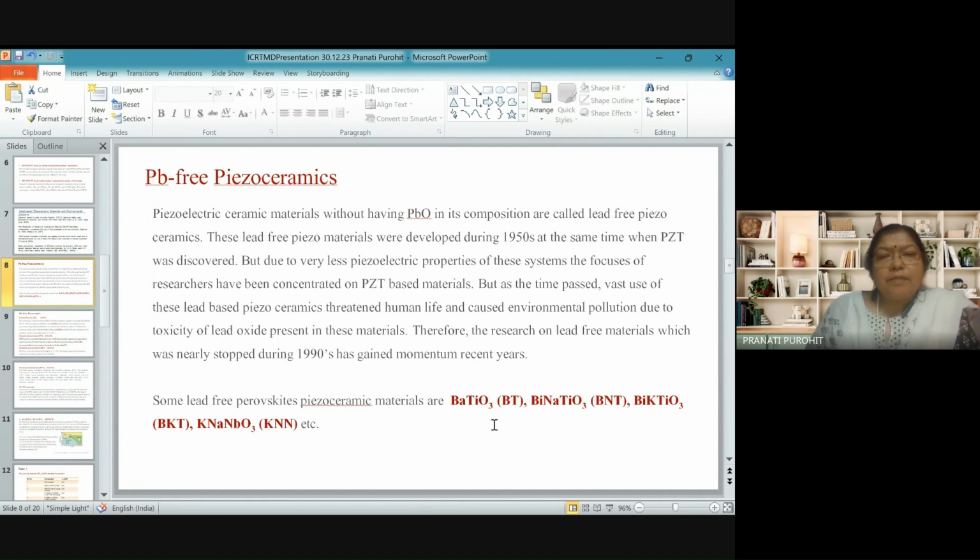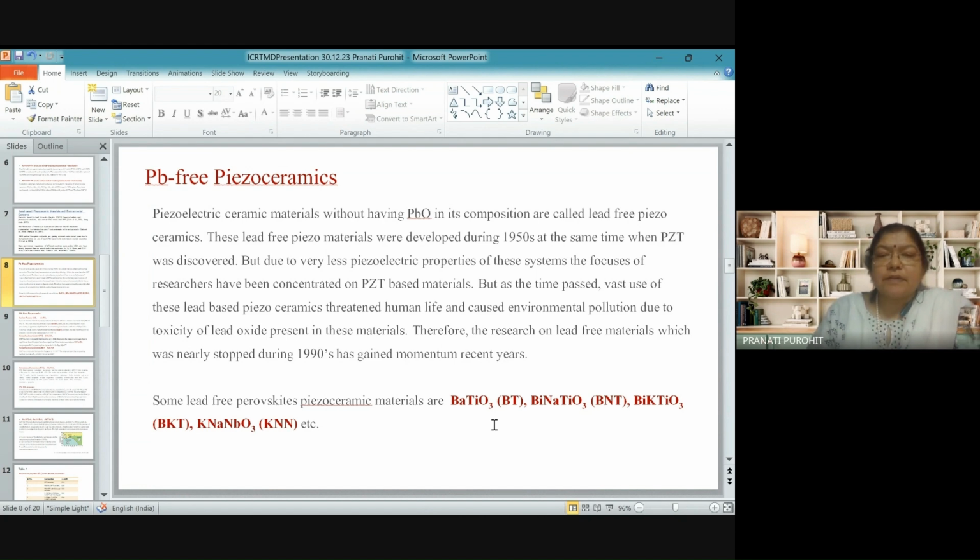But as time passed, the vast use of lead-based piezoceramics threatened human life and caused environmental pollution due to the toxicity of the lead oxide present in these materials. Therefore, research on lead-free materials, which nearly stopped in the 1990s, has gained momentum in recent years.